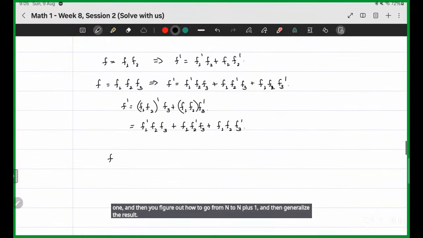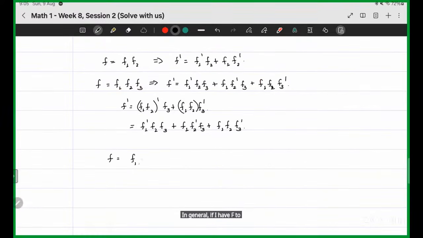In general, if I have f to be f1 to fn, product of n functions, then what is its derivative going to look like? It is f1 prime, then the rest, then f2 prime, then the rest. So I will write it this way. Let me know if this is okay. The sum from 1 to n, where I have f_i prime.